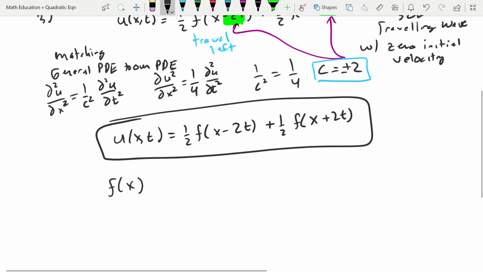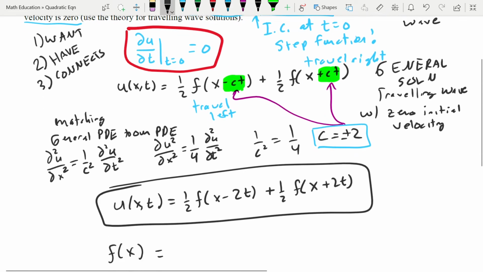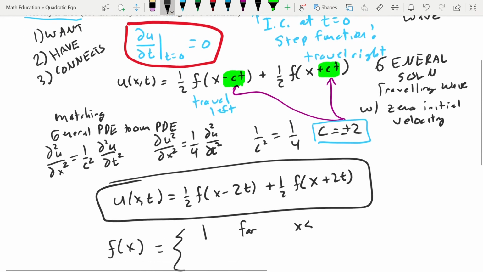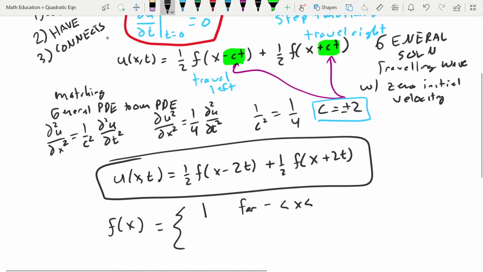So f of x, going back to this definition, is equal to, it's a stepwise function, 1 for x between -1 and 1. And it's 0 for x less than or equal to -1, or x greater than or equal to 1.